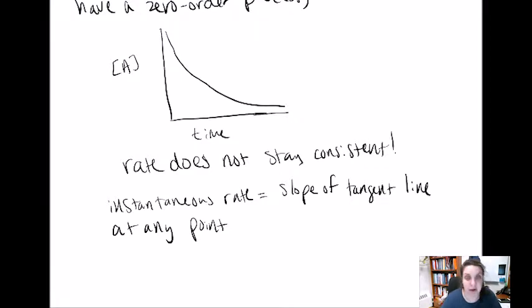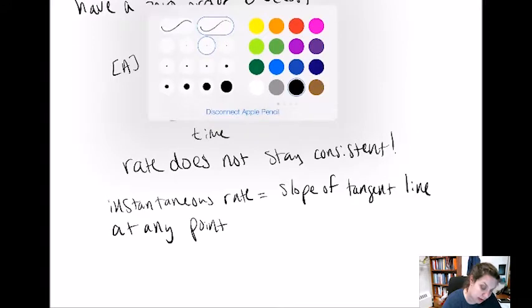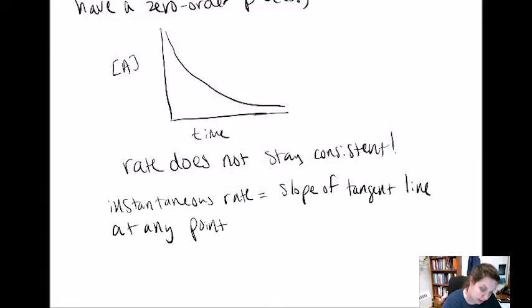If we're talking about a rate, usually it's the instantaneous rate at the beginning of the reaction. Like right here, we'd have a really, really steep rate. But right here, it would peter out a little bit. Here, even more, and so on and so forth. So our instantaneous rate will go down.